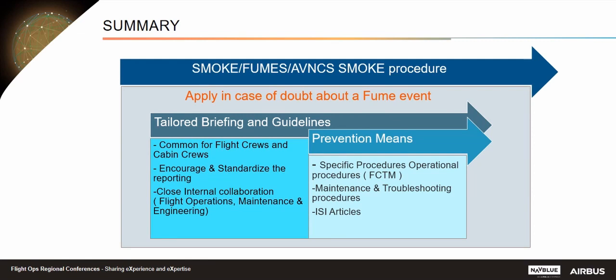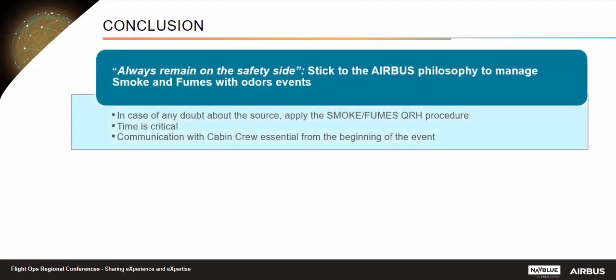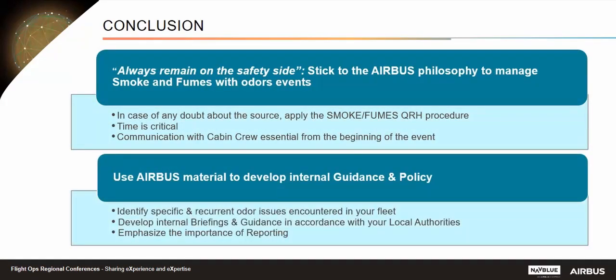And finally, in flight, in case of a fume with odor event, as long as you are not 100% sure of the event and the threat behind it, rely on the smoke procedure. So in conclusion to that briefing, to manage fume with odors in flight, we have two main points to have in mind.